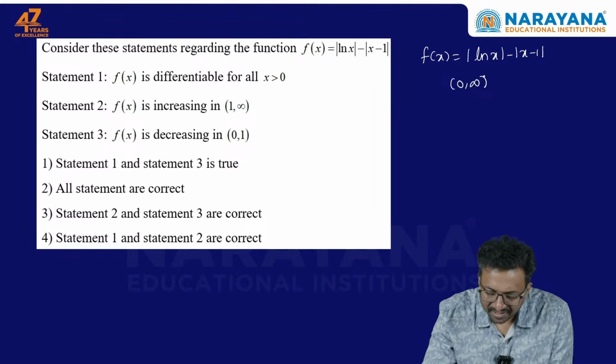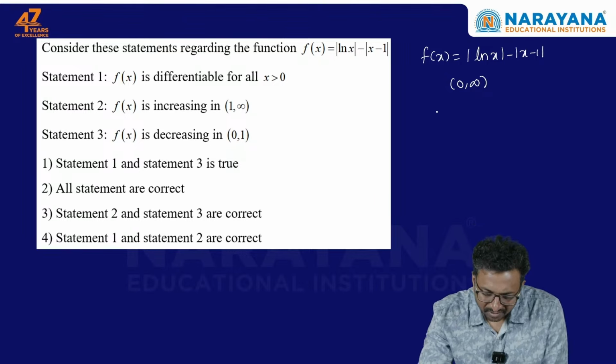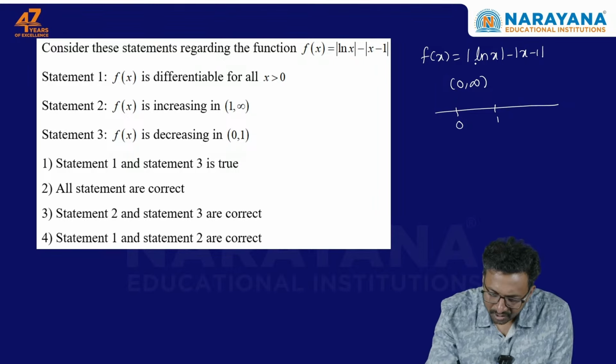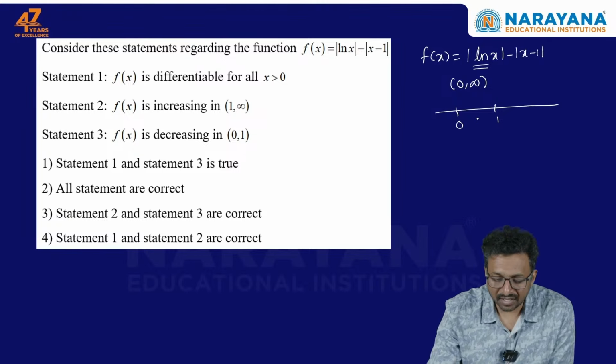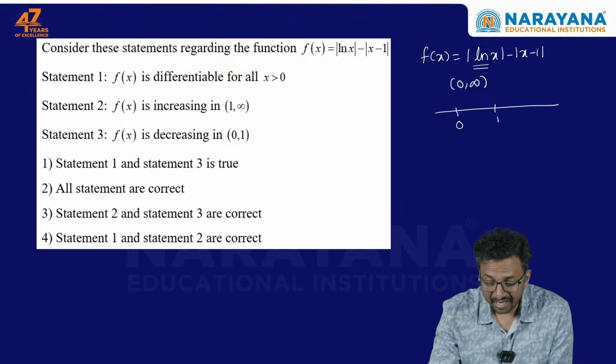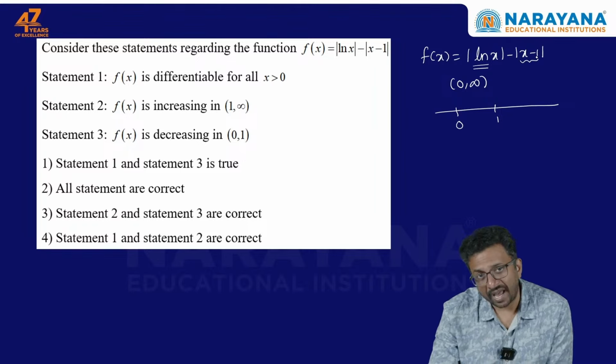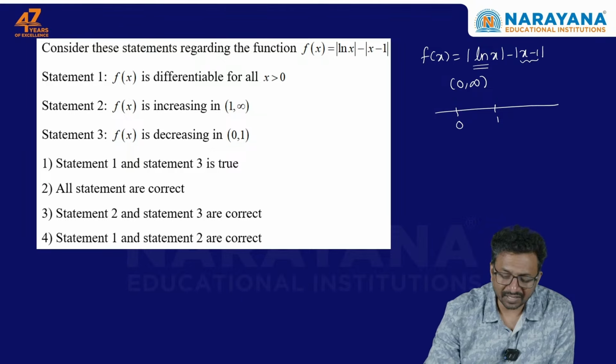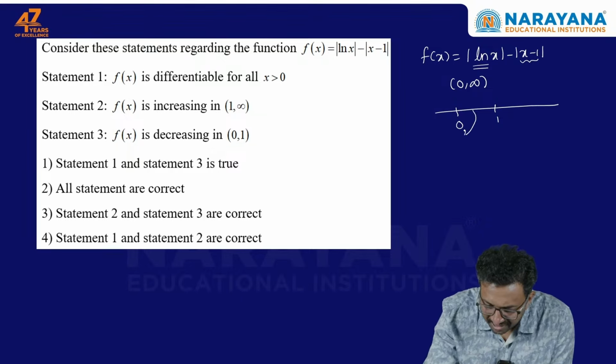So let us try to remove the mod first. Between 0 to 1 and 1 to infinity: between 0 to 1, log x is negative, and after 1 log x is positive. Similarly, x minus 1 after x equal to 1 is positive, before it is negative. So what is f of x in 0 to 1?